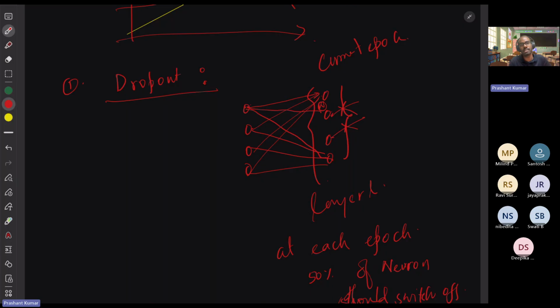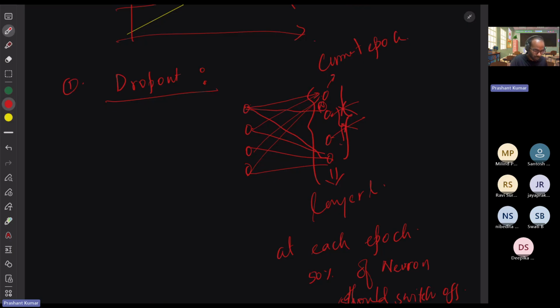And in that way, I am trying to use a lesser number of neurons to create a better relation between input and output. And in that way, these neurons are forced to train, even though I am using a higher number of neurons, because these are not getting used as a part of training in the current epoch.